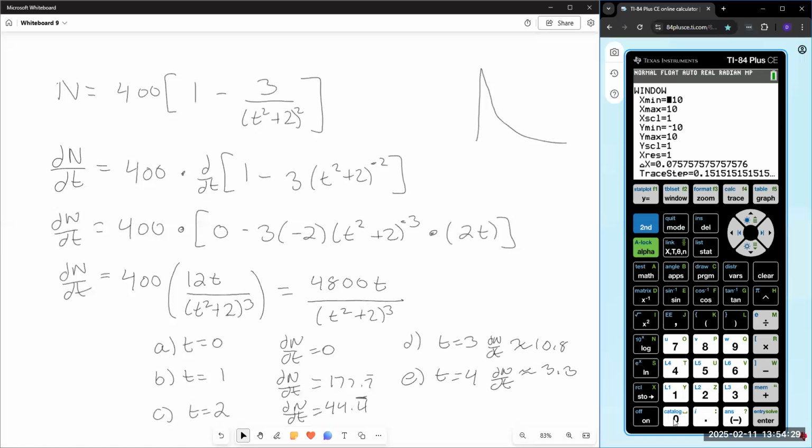Let's make our window go from 0 on x to at least 5 by 1s, and from 0 on y to maybe, it shouldn't get bigger than 400 here, so let's go by 20s.